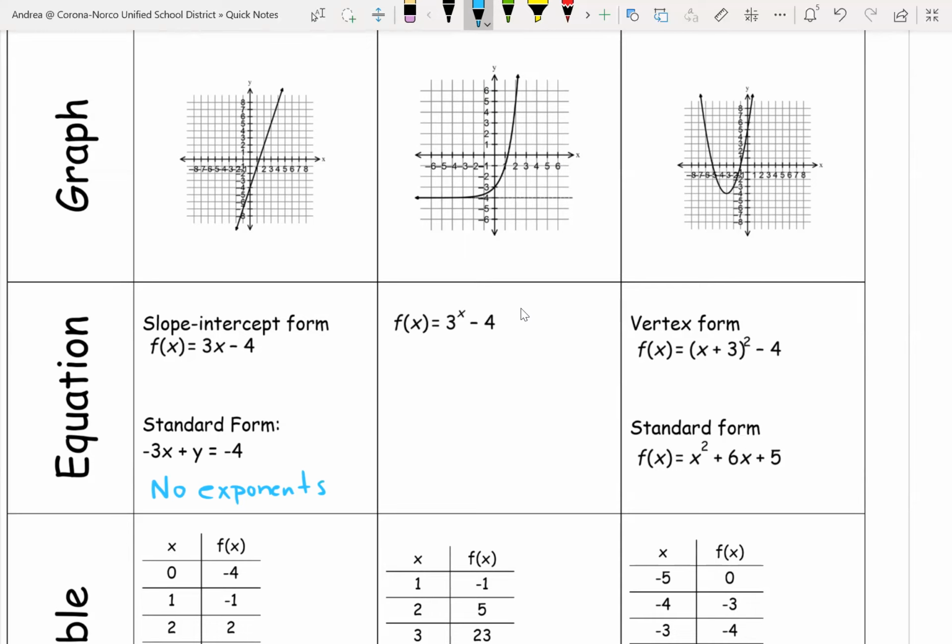An exponential has the variable in the exponent. Okay, the variable is part of the exponent.